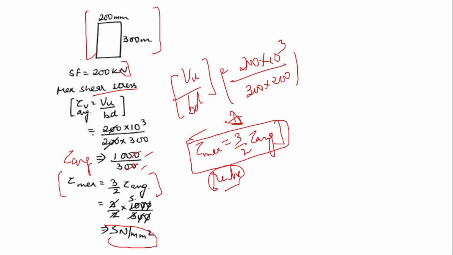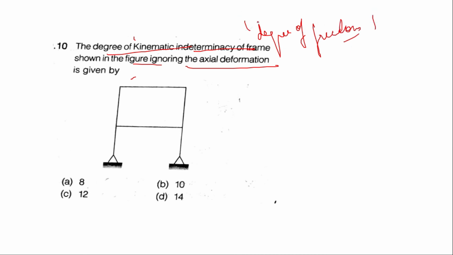Okay, let's see the next question. The degree of kinematic indeterminacy of a frame is shown in the figure, ignoring the axial deformation. Kinematic indeterminacy indicates the degree of freedom of the structure. I will make a lecture on static and kinematic indeterminacy, in which it will be cleared.